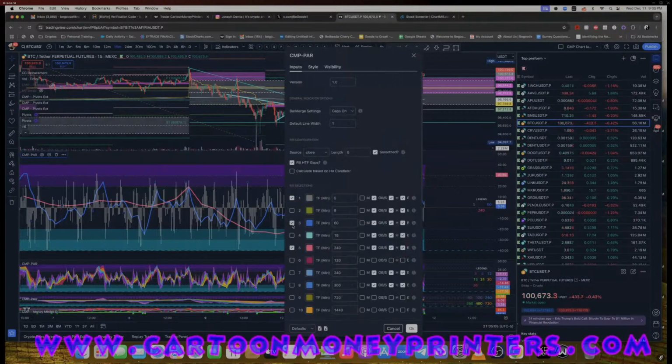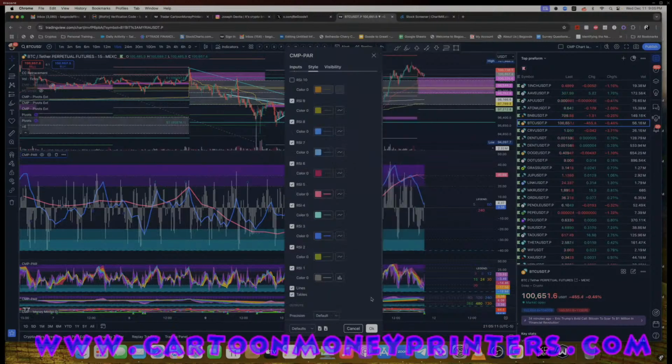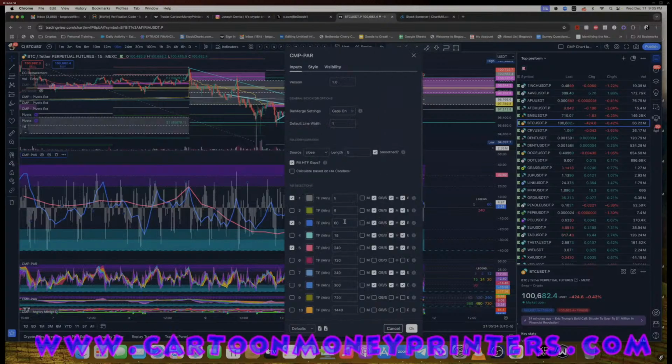Then the next one for the 60-minute, that's number 3. I put it blue, and I put it a little bit thicker. For the line thickness, it's almost the thickest, one down. And that's the same with the 240. So I'm essentially just using the 5-minute, the 1 hour, and the 240.